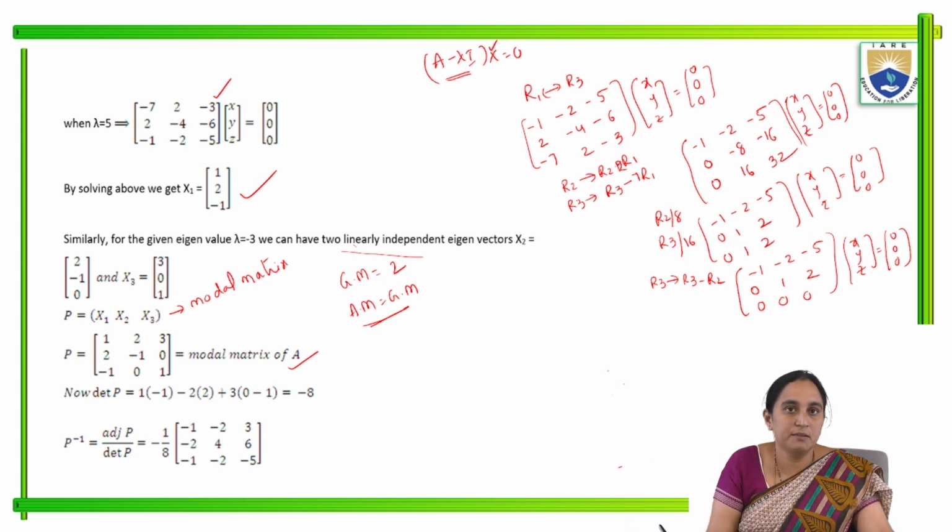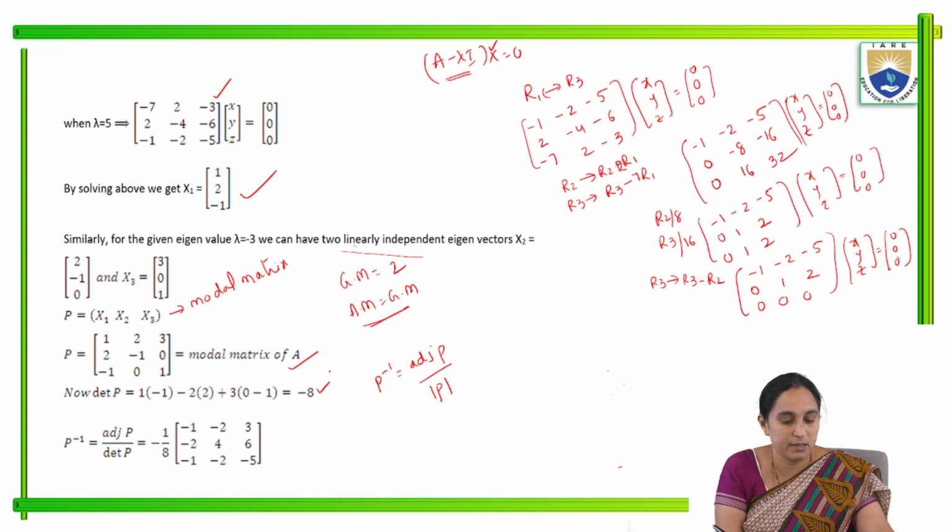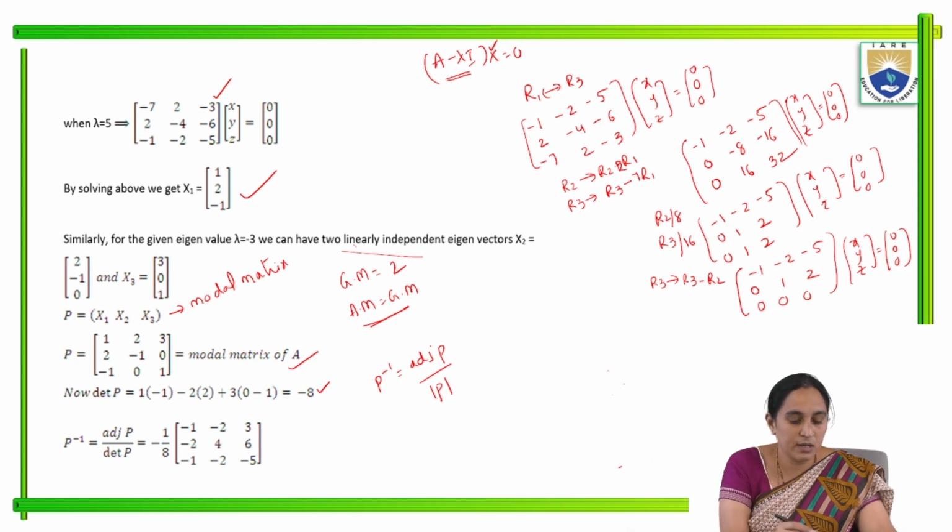After getting that modal matrix, what about P inverse? P inverse is equal to adjoint P by det P. For that I am finding the determinant of the matrix. That is 1 into minus 1 into 1, that is minus 1 minus 0, minus 2 into 2 minus 0, plus 3 into 0 minus 1.